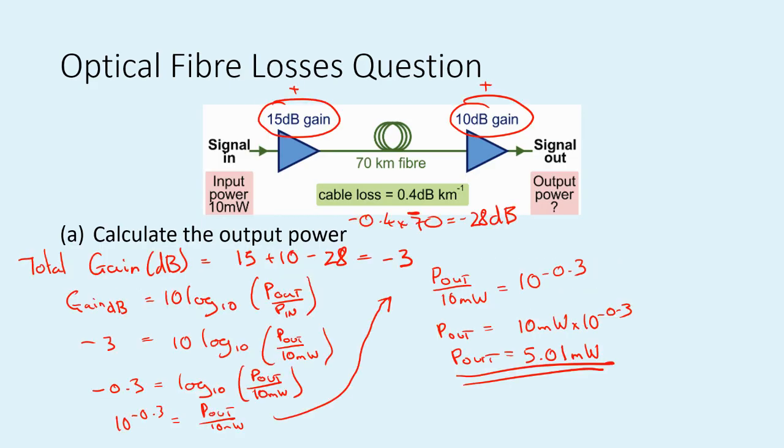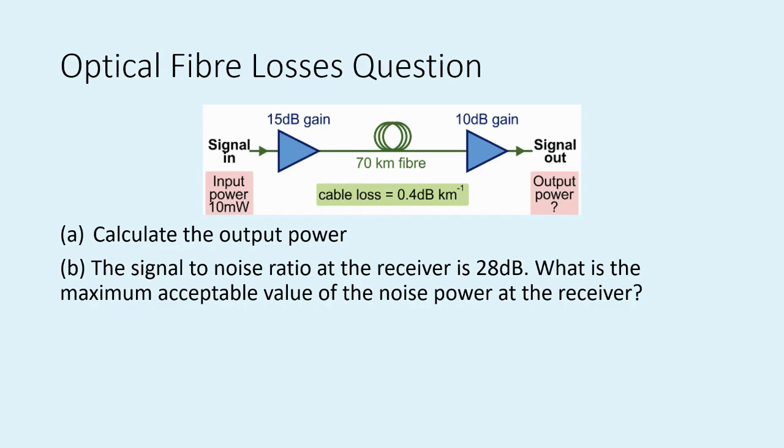So 28 decibels, we just worked out that the output power is 5.01, etc. milliwatts. And I know that the signal to noise ratio, so this is the SNR, is 28 decibels. So I should be reaching for an equation that involves the signal to noise ratio, which is of course in decibels, which is 10 log 10 the power of the signal over the power of the noise.